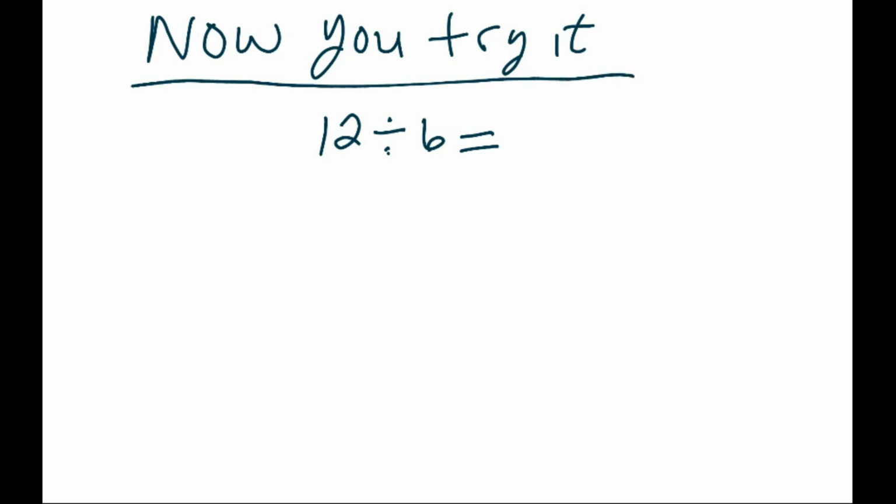Now that you've completed this math problem, let's go over it together. The first step you should have taken was to write 12 lines. And the next step was to divide these 12 lines into groups of 6 because the math problem is 12 divided by 6.